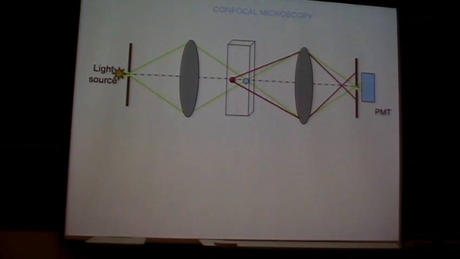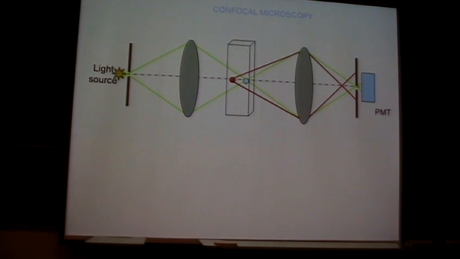The basic idea is that one uses one pinhole to illuminate a certain point in the sample, a tiny volume in the sample, and then the other pinhole, both of those pinholes being in planes confocal with the point of study in the sample, with the volume of interest, is used to block all unwanted light, so that only light from this volume of interest would be able to go to the detector, such as a photomultiplier tube.